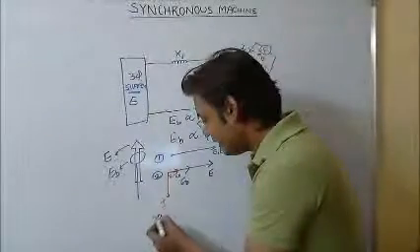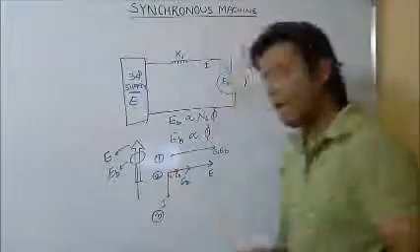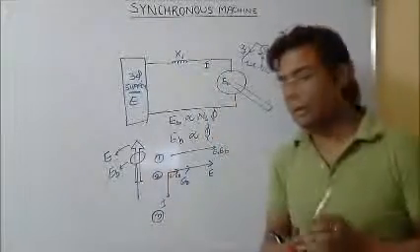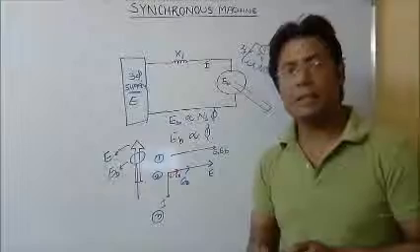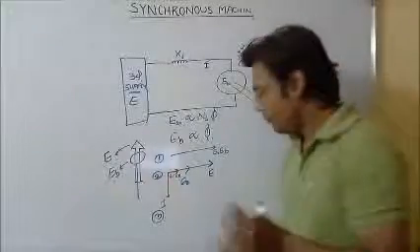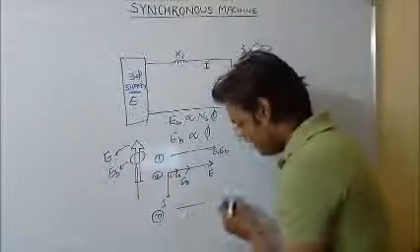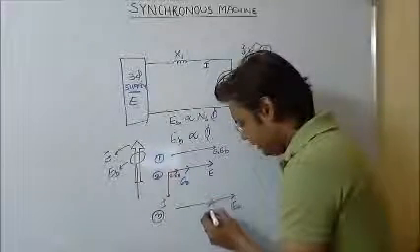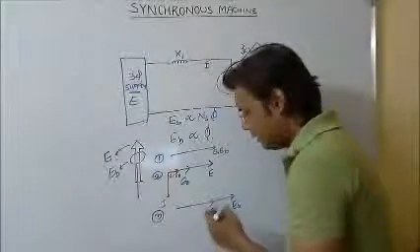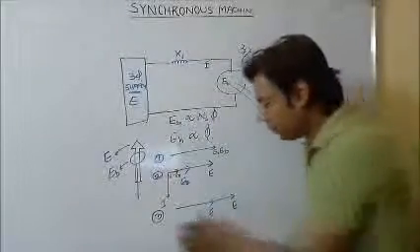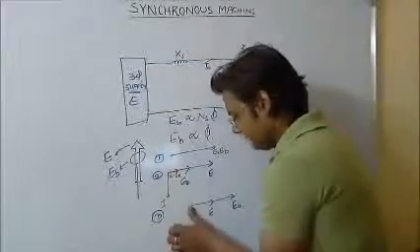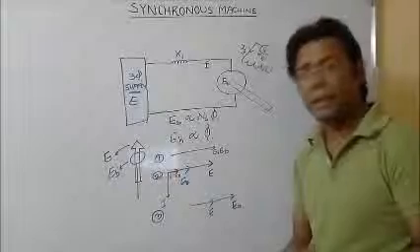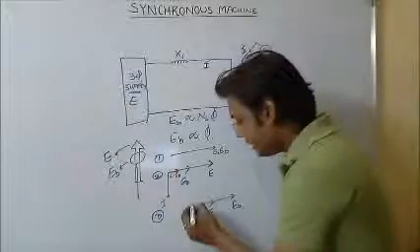In the third case, if I am able to increase the EB by increasing the phi, I can have this as EB and I can have E over here. So at that point my E minus EB will be in the negative direction.